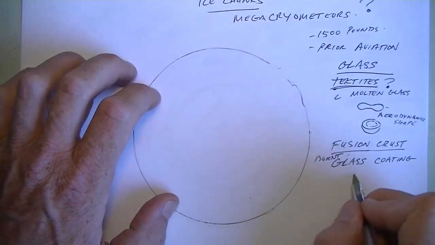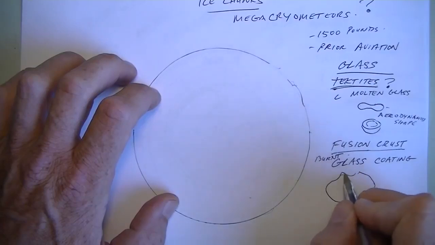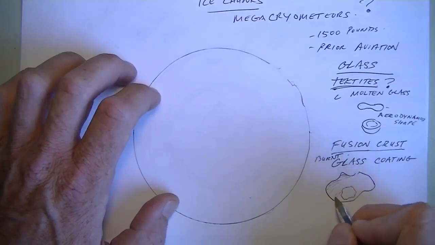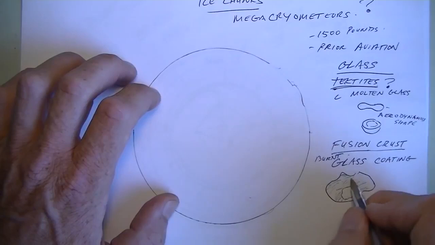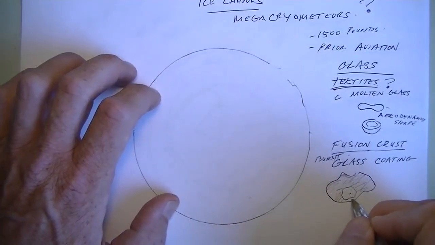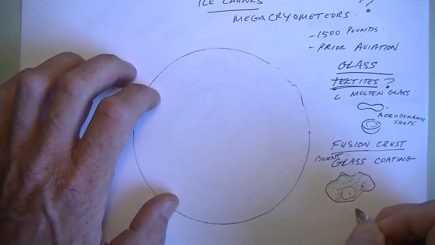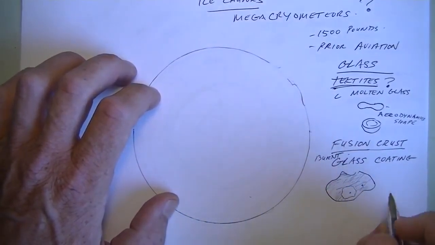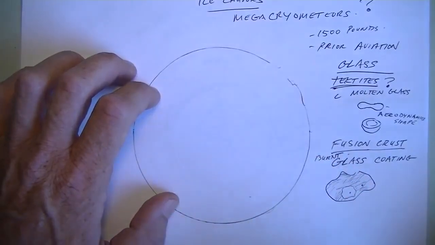Burnt glass coating of a meteorite, okay? If you peel away that coating, you'll see the rock beneath. And the very interesting thing is that the chemical makeup of the rock is different than the fusion crust. It's like they came from two different origins, and they did.